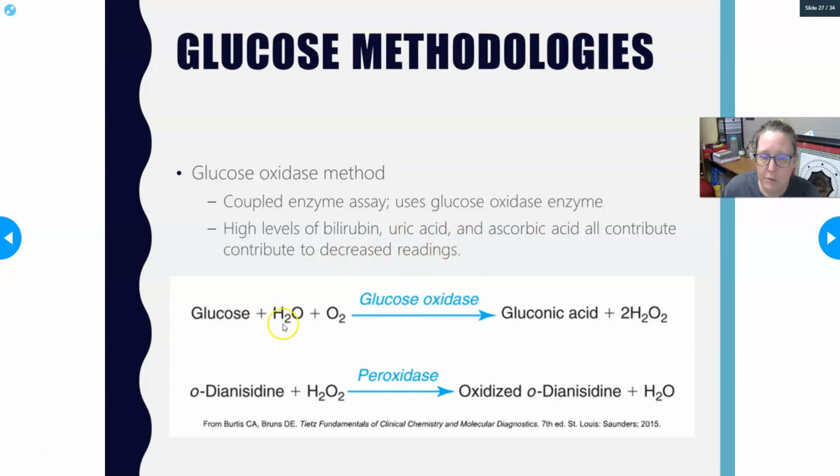In this one, glucose plus water and oxygen reacts with glucose oxidase to give you gluconic acid and hydrogen peroxide. The hydrogen peroxide then is going to react with O-dianisidine with a peroxidase enzyme. You get oxidized O-dianisidine, which causes a color change, which can be measured and is proportional to the glucose concentration.